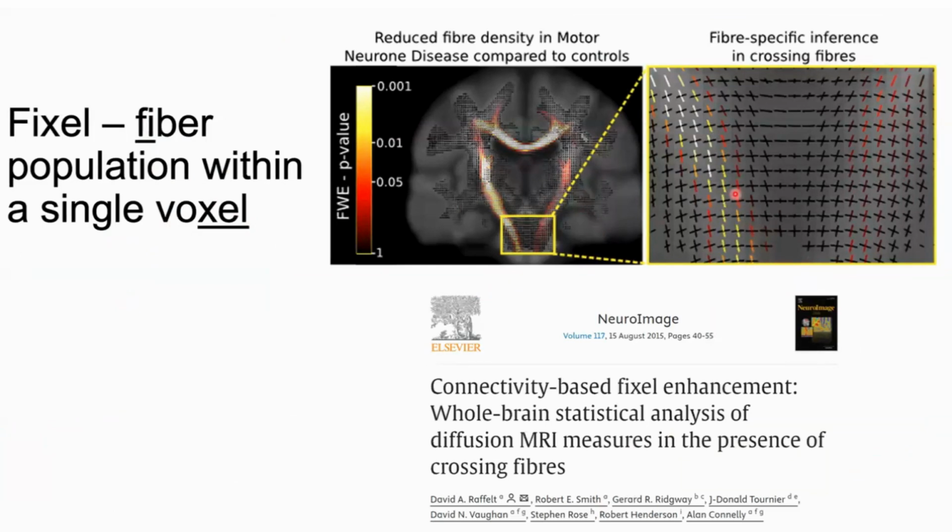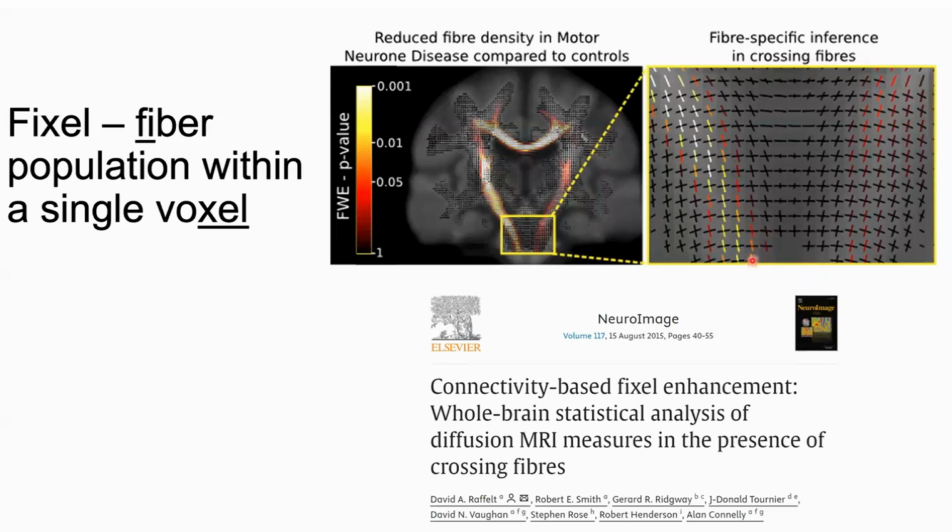We all know the p-value maps when we do voxel-wise analysis. But they say that in each voxel, you can have more than one fiber population. For example, in this voxel I'm pointing to, you have two fiber populations. You might have more in reality, but these are the ones we can measure and model.